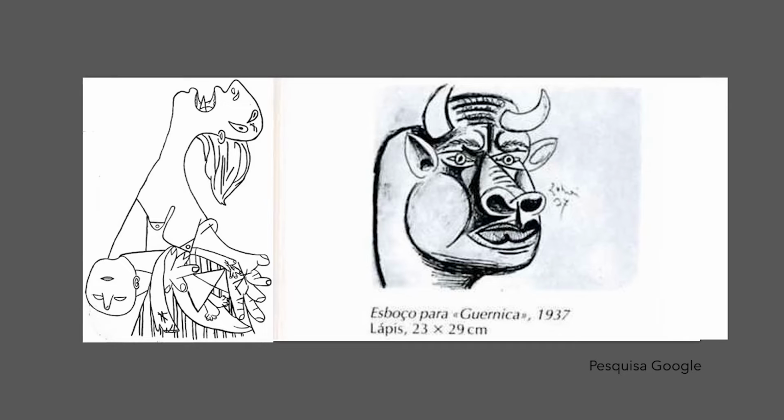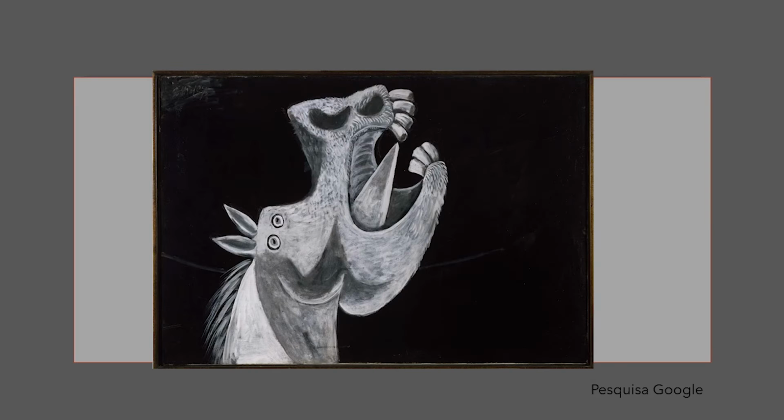In the woman, Picasso expressed the pain of all mothers who suffer the loss of a child. The presence of the bull, a Spanish symbol, means that people retain their identity. The horse's scream represents the Spanish people facing cruelty, but they always stand up.